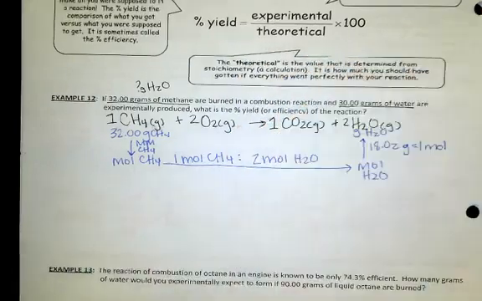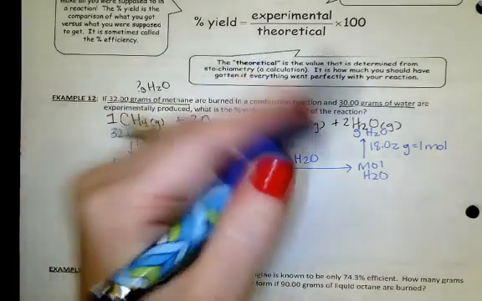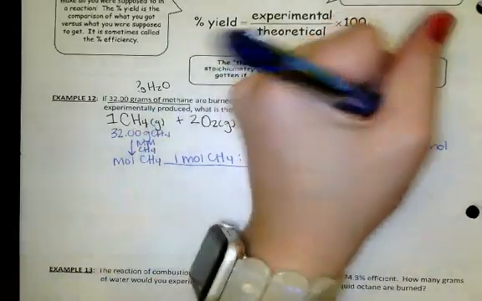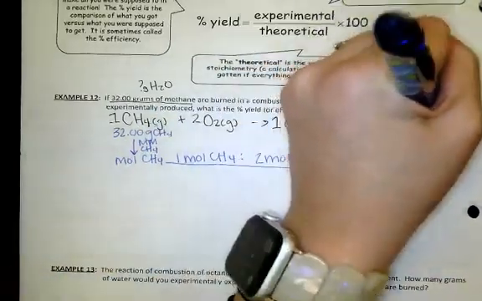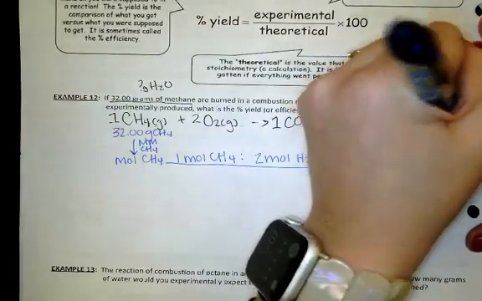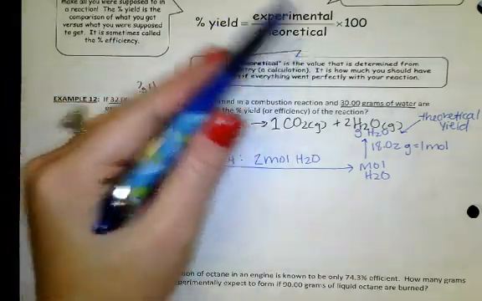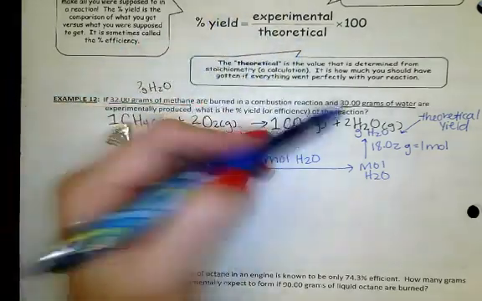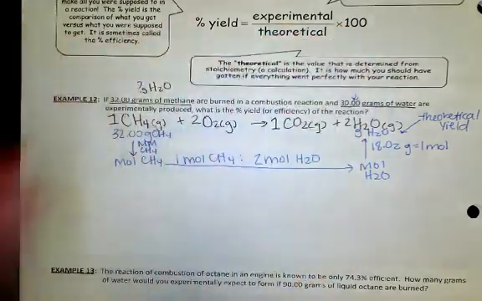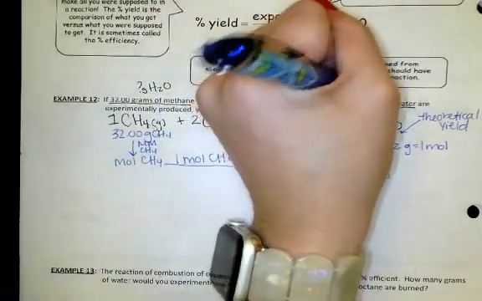Now, what we're trying to find is the theoretical yield. And then what we'll do is we'll plug it into this formula. Our experimental yield was given. It said that 30 grams of water are experimentally produced. So this is the experimental yield. We'll take the experimental yield, divide by the theoretical that we calculated, and get the percent yield.